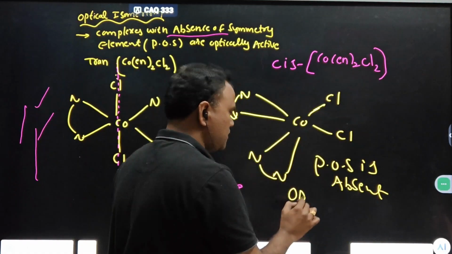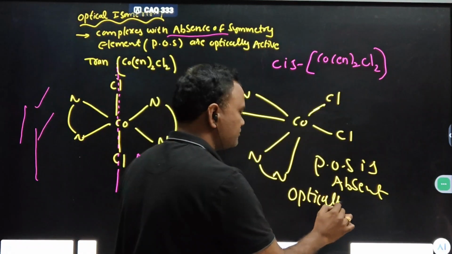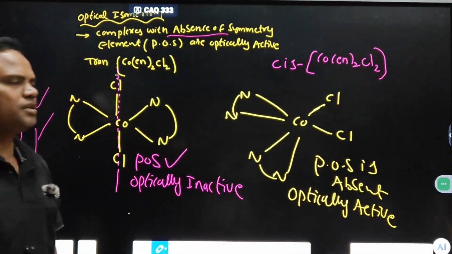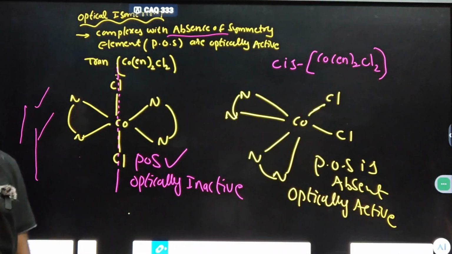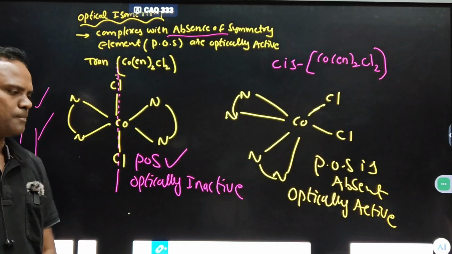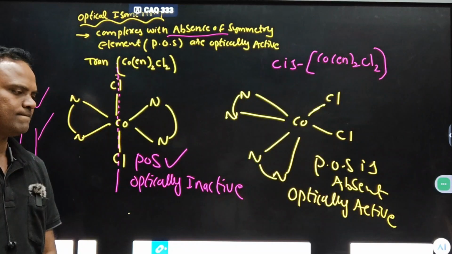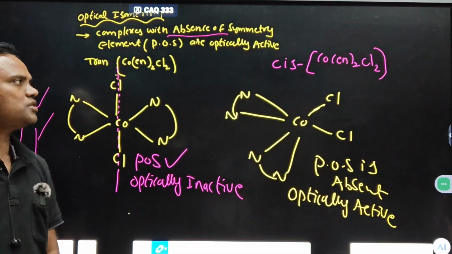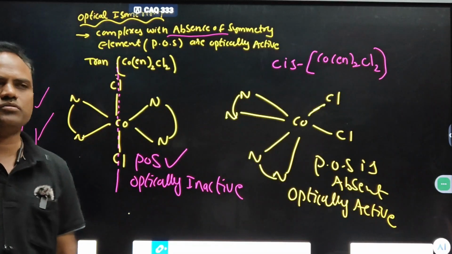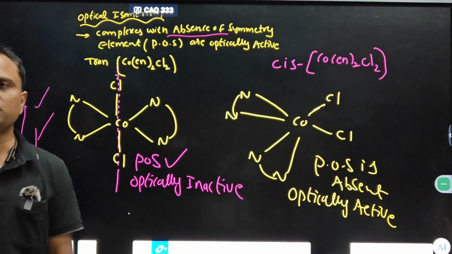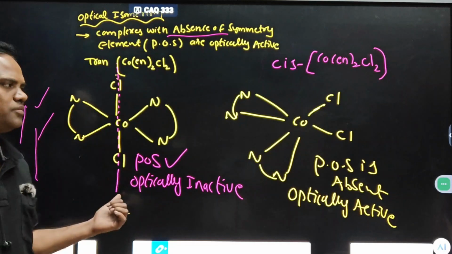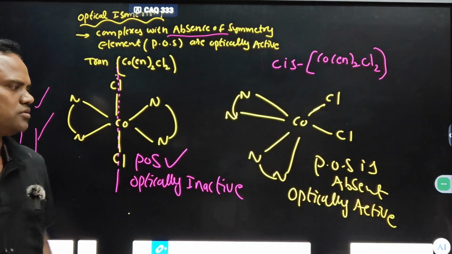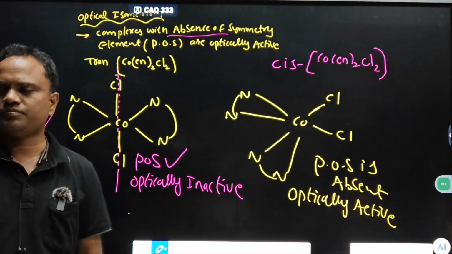So optically active. So the cis form is optically active. The trans form is optically inactive due to presence of plane of symmetry, and this is optically active due to absence of plane of symmetry. POS is absent, so optically active.